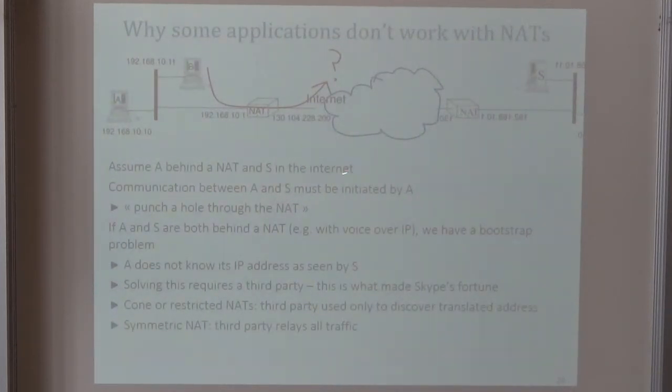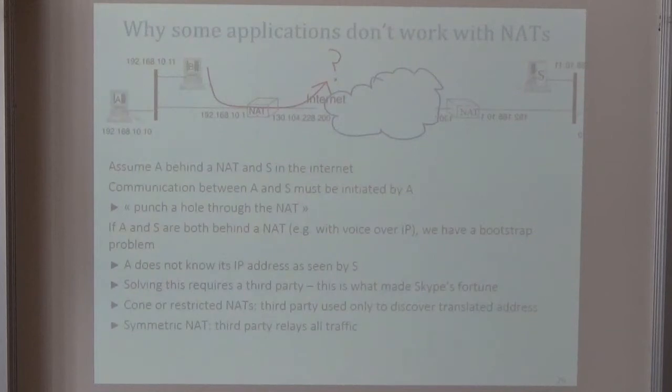The problem is if typically a server is behind a NAT. So if you have, for example, a server to control your house, your heating, your lights, your everything, and you want to contact it from the public internet, well, you need to map the IP destination address, which is not the address of the server, but the address of your NAT, of your ADSL access.